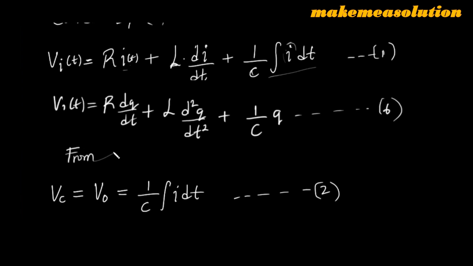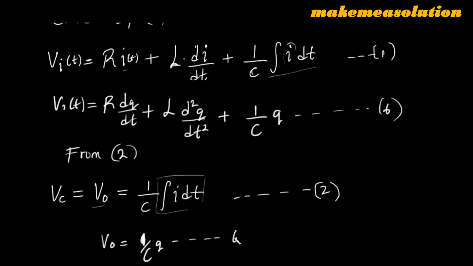From equation 2, v naught is equal to 1 all over c integral of I. So if you replace this one with q, v naught is still the same thing as 1 all over c dot q. So this is equation 6b.